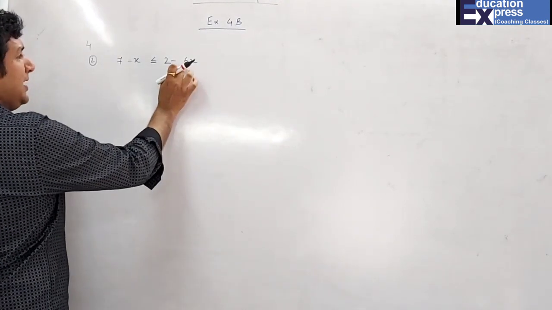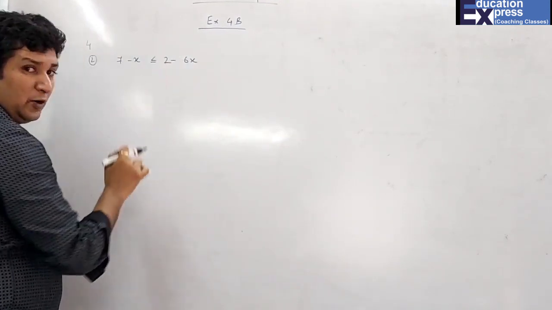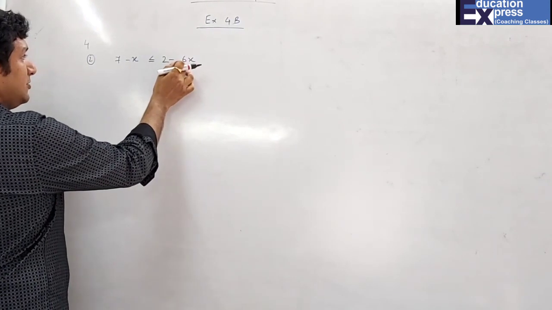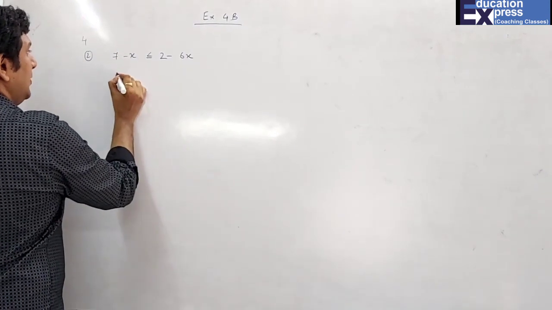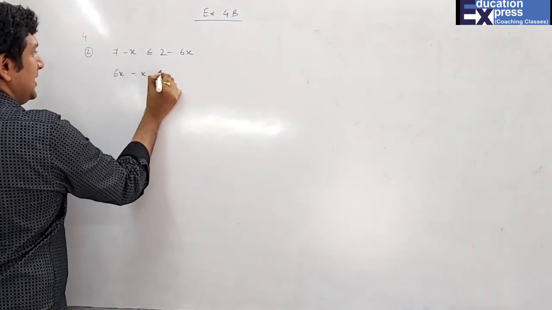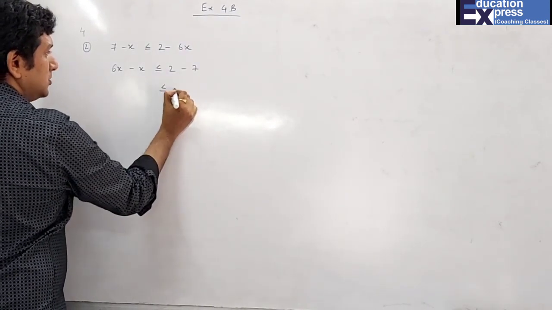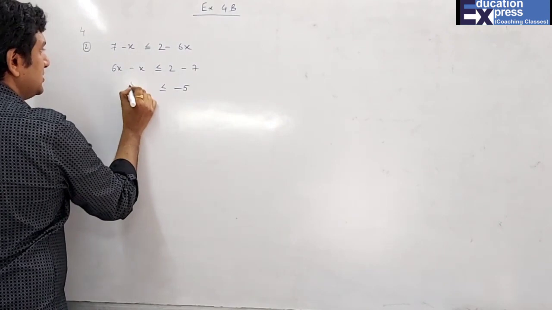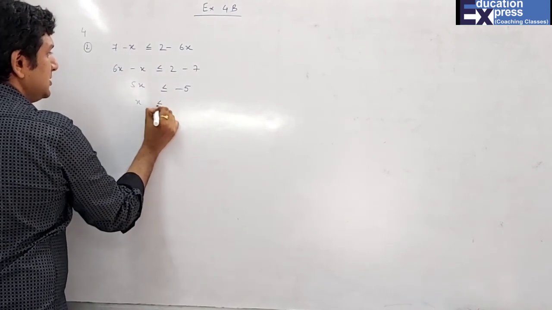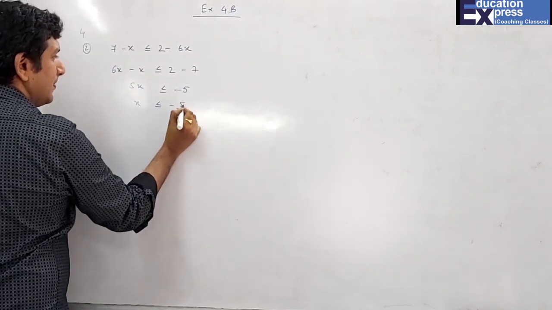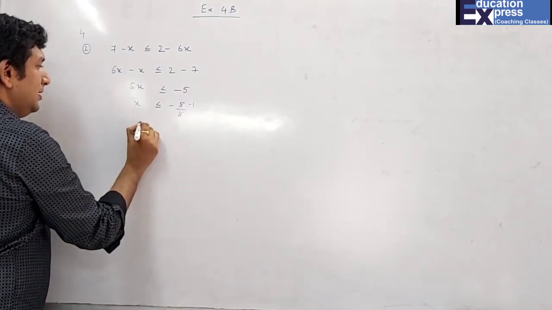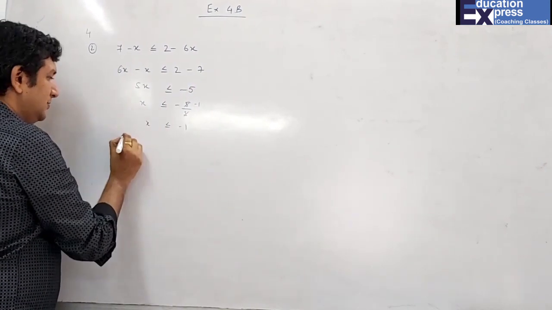Now again, x is negative, it has to be positive. So minus 6x will come here, will become plus 6x minus x, and plus 7 will come here, become minus 7. So this is minus 5, this is 5x. So x is less than equal to minus 1.